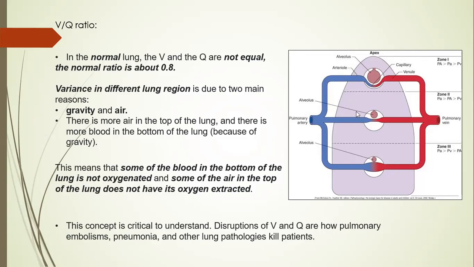If you go to the middle portion, it starts to reduce maybe to around 0.8. When you go to the base, it's roughly around 0.63. So when you add them up and you divide by all those zones, you find that generally the VQ ratio is about 0.8. So the normal VQ ratio is about 0.8, but it is not equal in all the portions of the lungs. It decreases as you go down, it's higher at the apex.